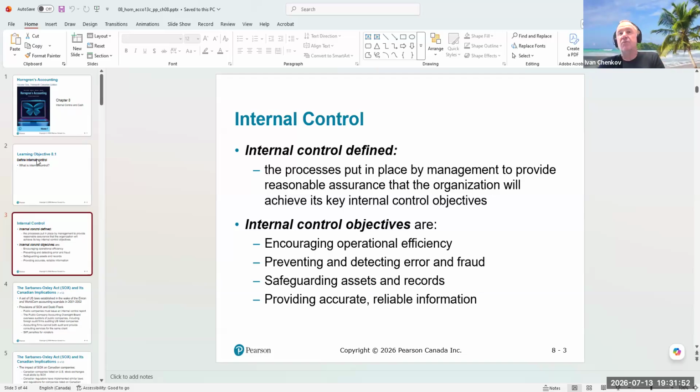Most likely you have an internal control system in place where you live. Why? Because you want to make sure that your objectives are met. So basically, internal control is going to help you identify how close you are to your objectives.